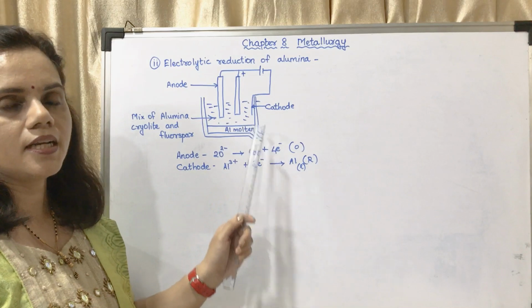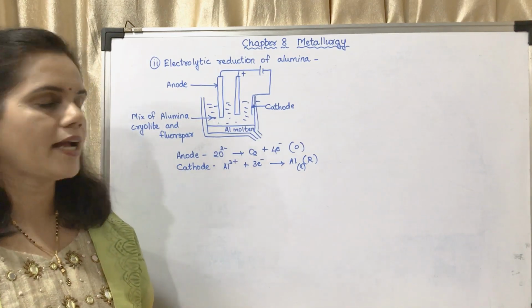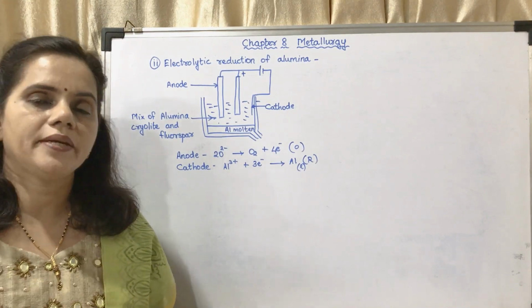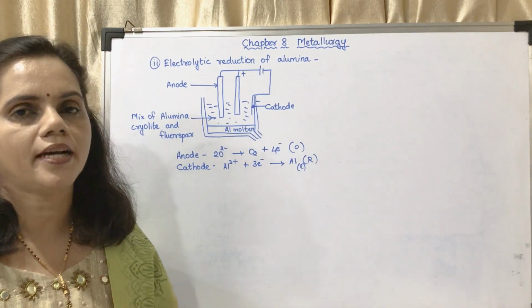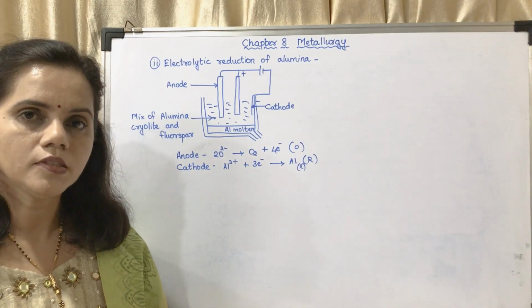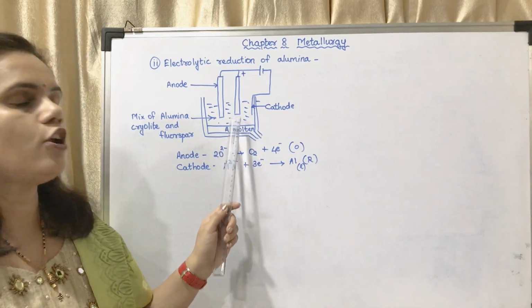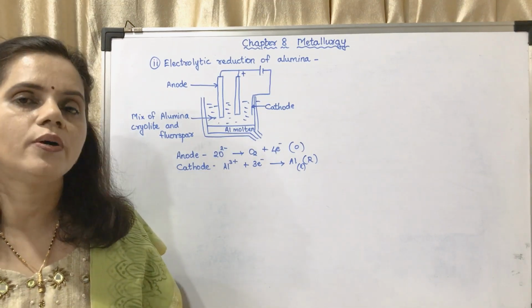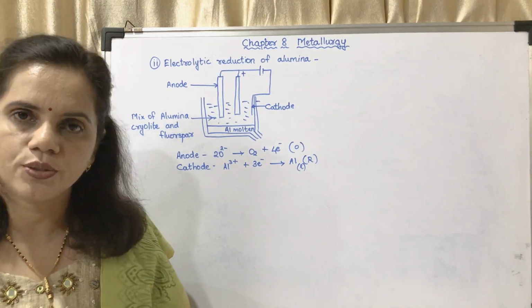The negative terminal is connected to the inner lining of the tank, so that will be negative, that will be the cathode. That means the inner wall of the tank will be the cathode and this will be the anode. Now you have taken alumina plus cryolite and fluorspar. You are going to pass electricity through it.